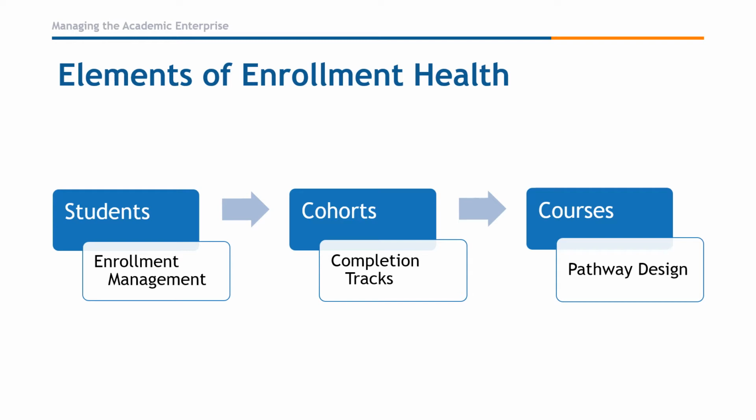So we start out by looking at student populations. We then look at the cohorts of those students within programs and completion tracks within programs. A completion track is something that we basically define as the way they're taking courses within that program. And then finally, we want to look at their course selections, the kinds of courses they're taking, and how they're succeeding, hopefully, in passing those courses with their progress along the line toward degree completion.